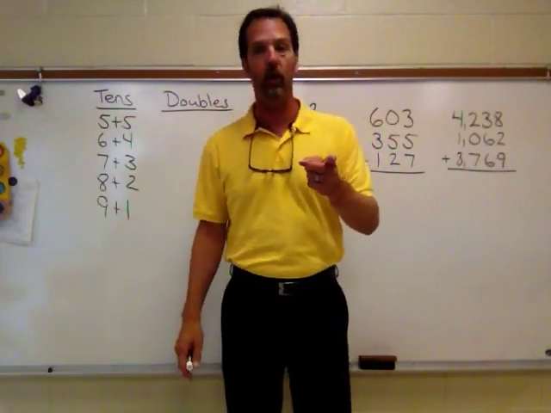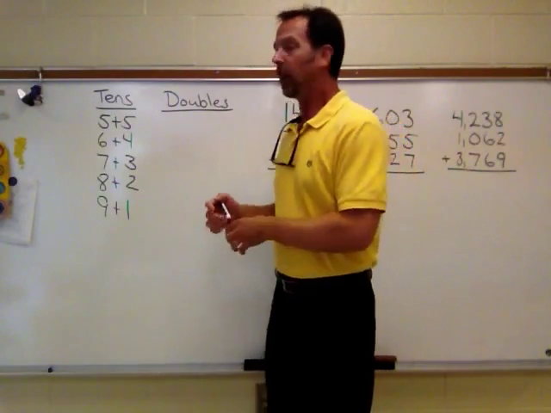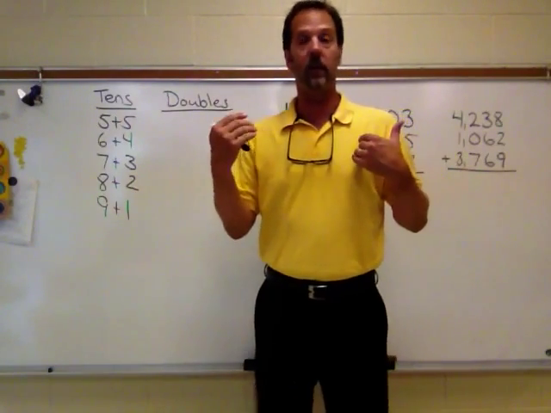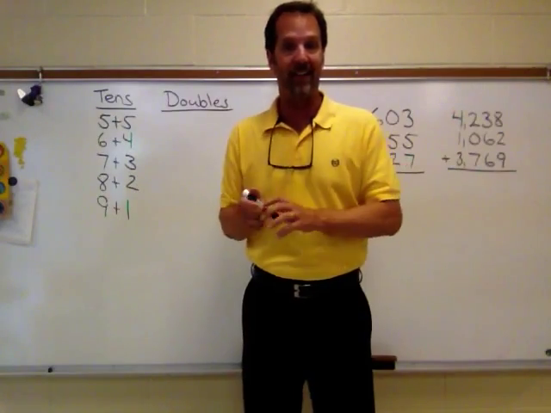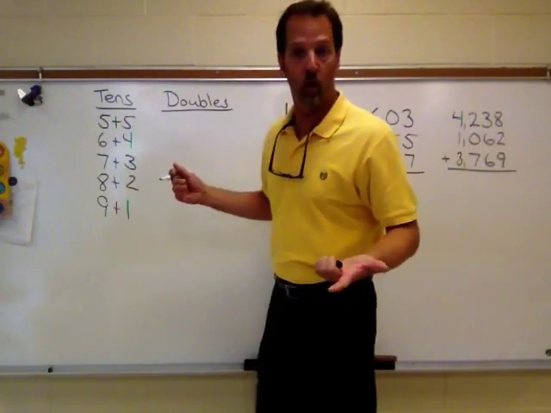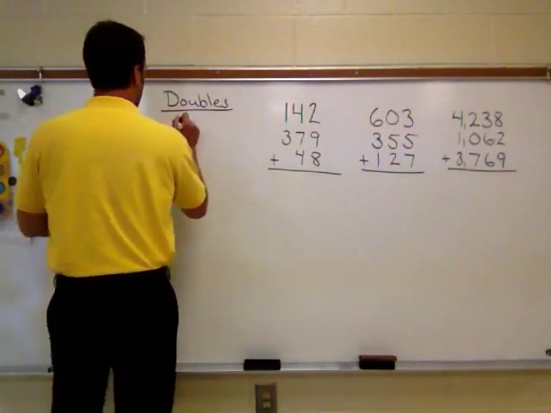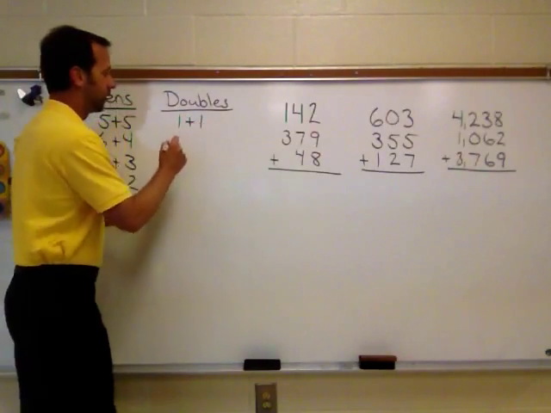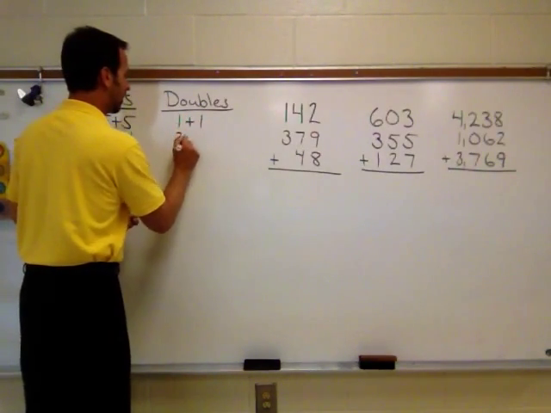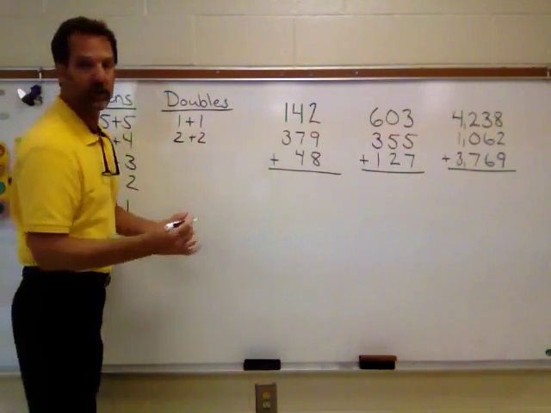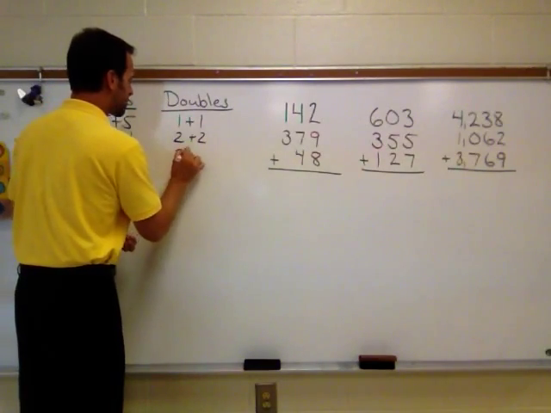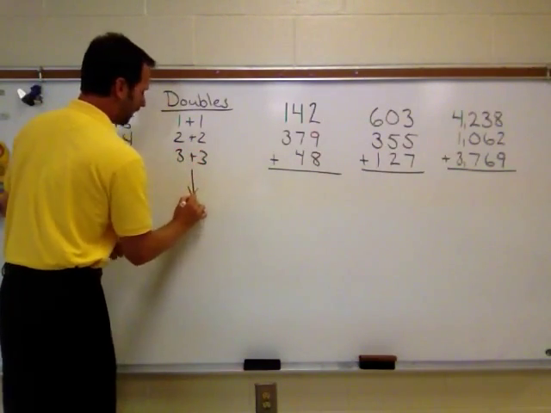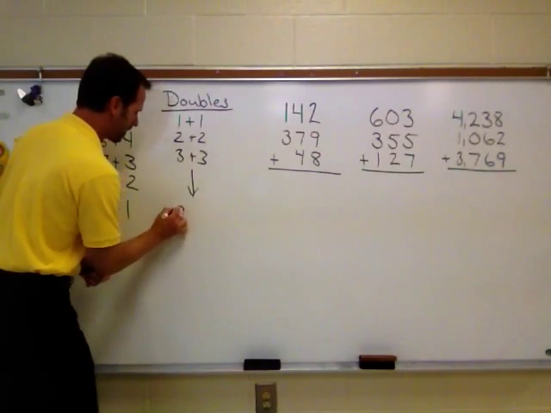The other thing we want to look for are doubles. Doubles are when you have the same number as both addends, like 1 plus 1, 2 plus 2, 3 plus 3, and all the way down to 9 plus 9.